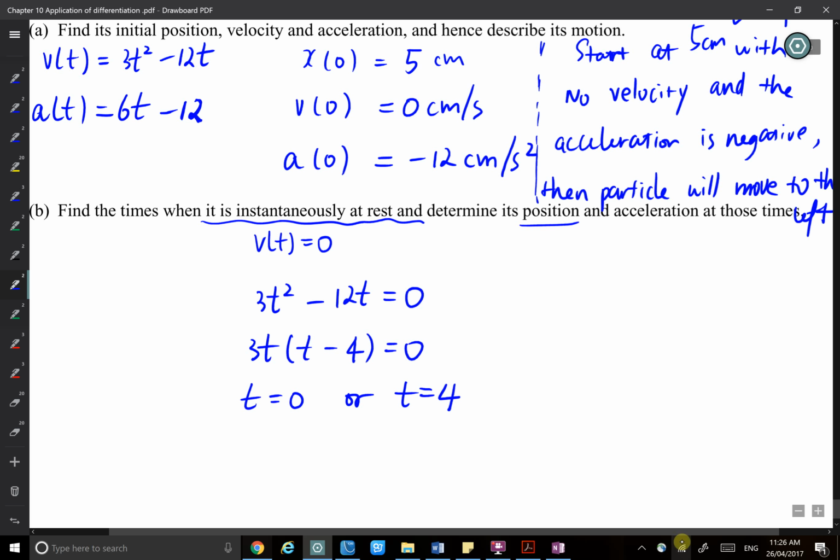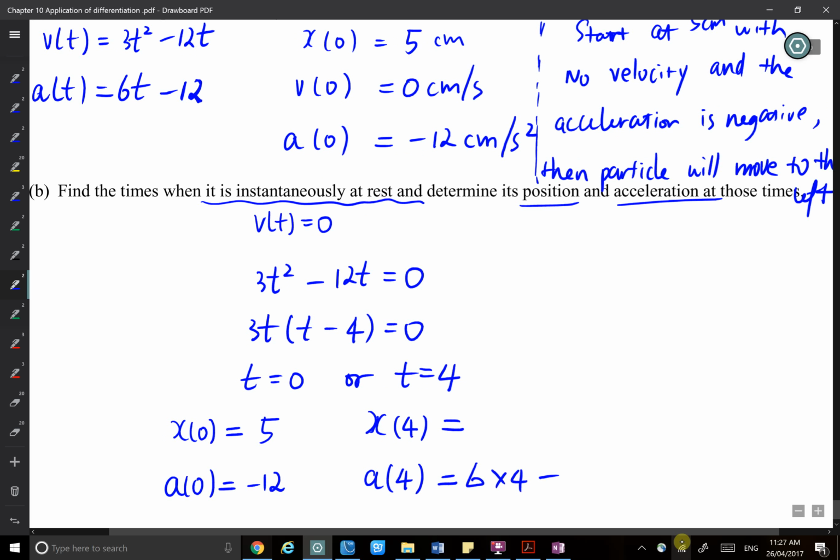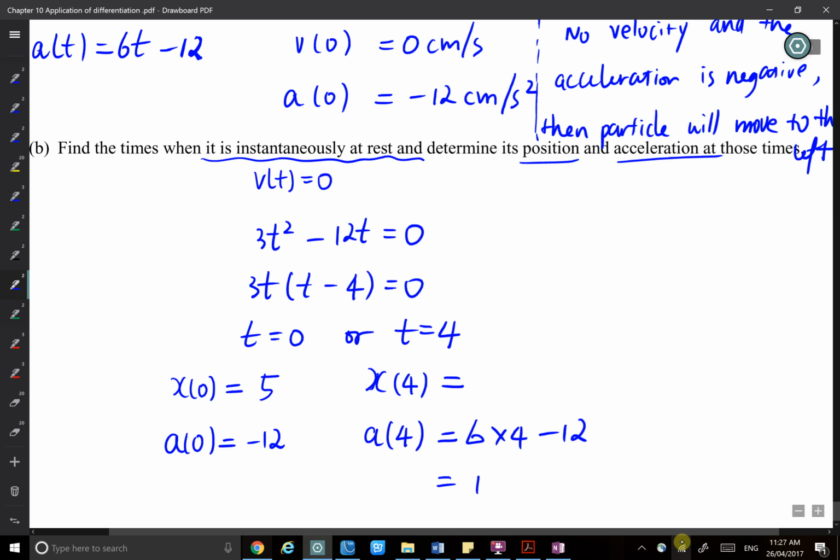Determine the position and acceleration at those times. So x(0) equals 5 and a(0) equals negative 12. And you want to know what x(4) and a(4) give you. a(4) gives you 6 times 4 minus 12, that is 12 centimeters per second squared.